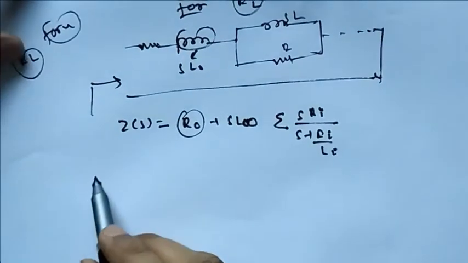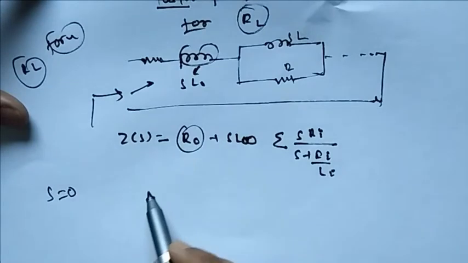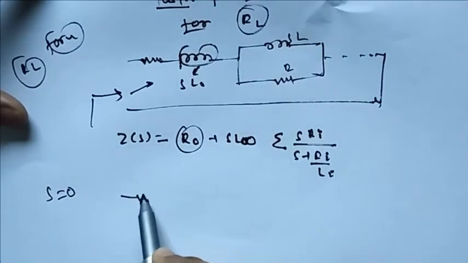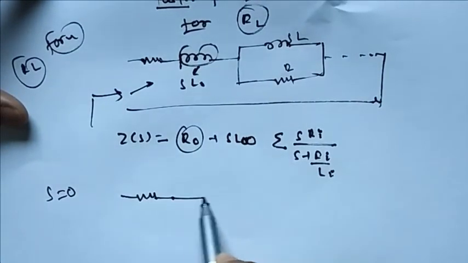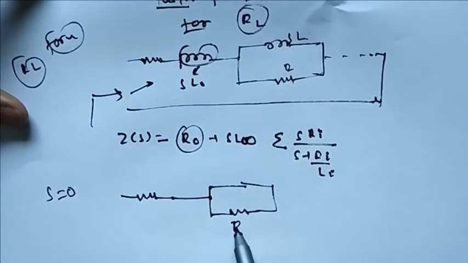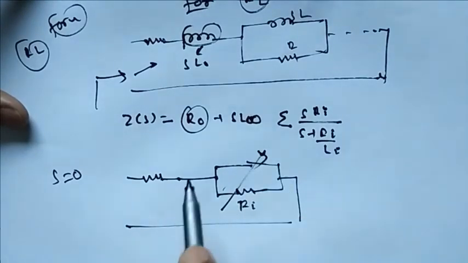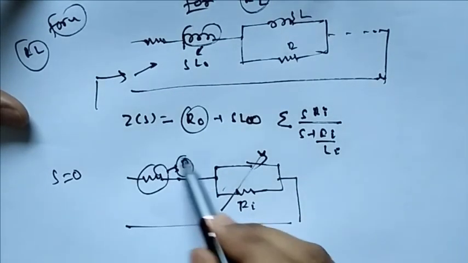Put S equal to 0 in this function, then all the inductors will be shorted. We are left with only this, and we are left with another resistance Ri, and this is the combination.